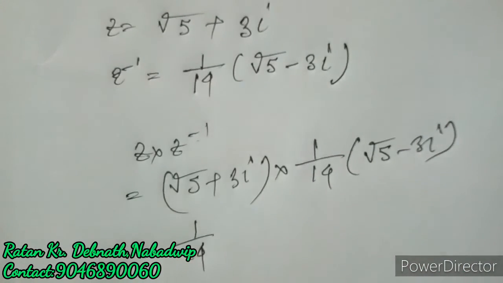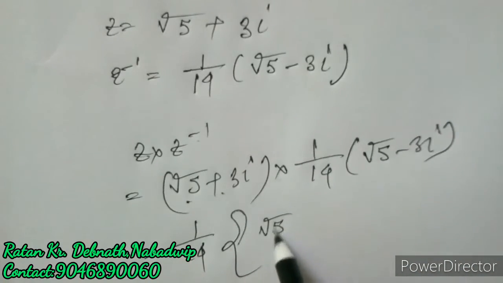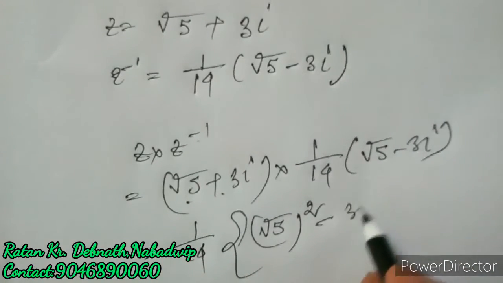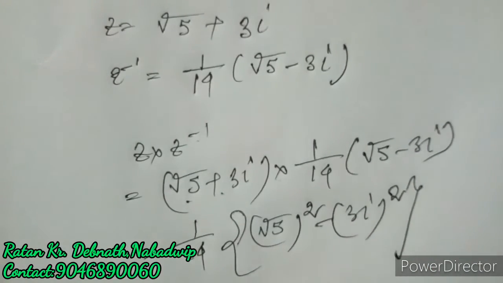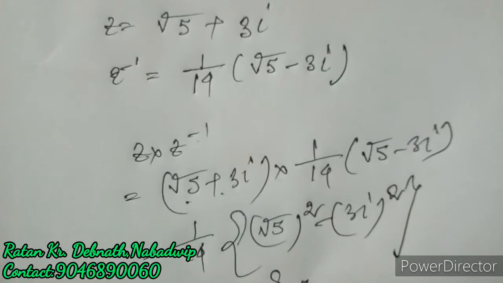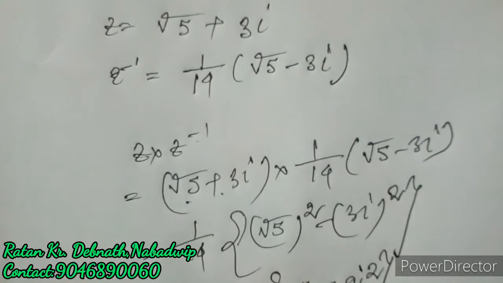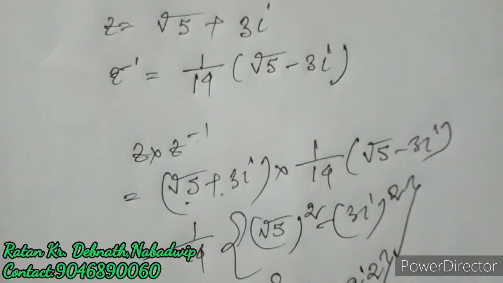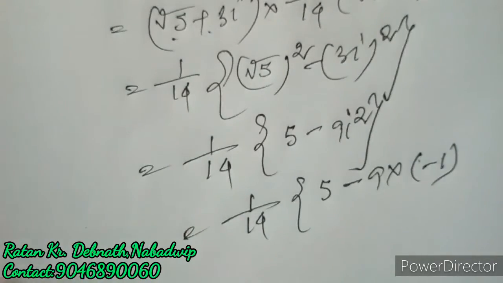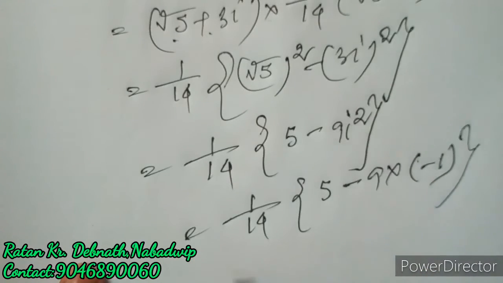This is in a plus b into a minus b form, so a square minus b square: 1 by 14, 5 minus 9i square, which is 1 by 14, 5 minus 9 into minus 1, because we know i square equals minus 1.